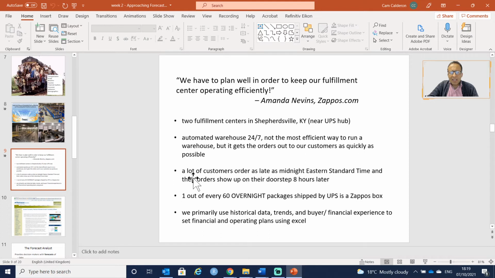This is just an example of how forecasting is making this factory efficient, and what they use is primarily historical data, trends, and buyer financial experience to set financial and operating plans using software.